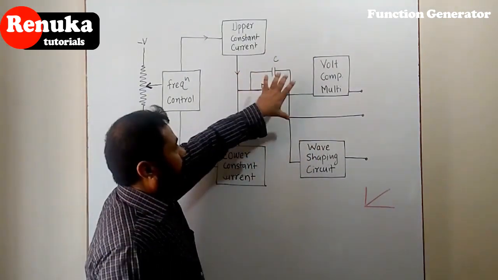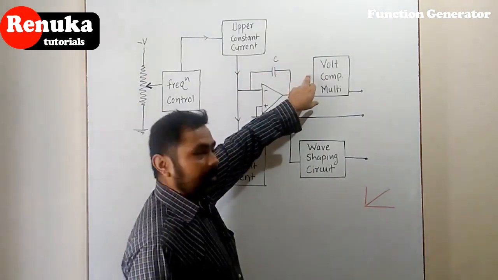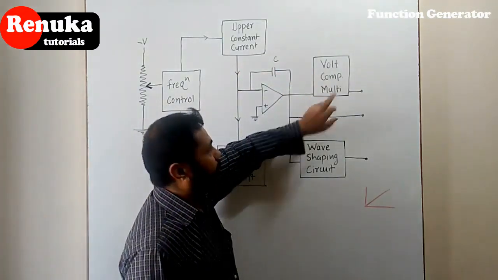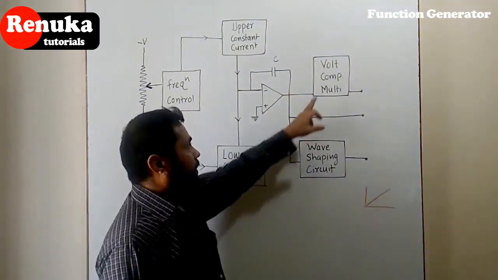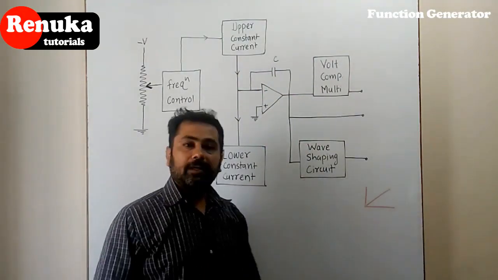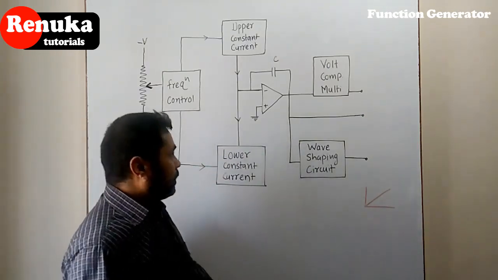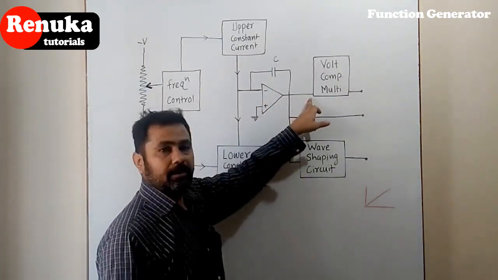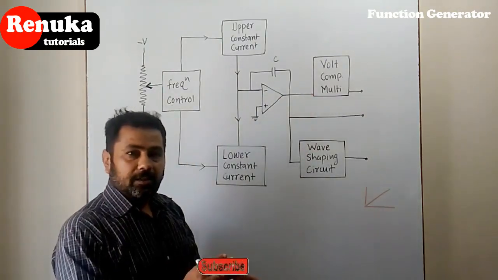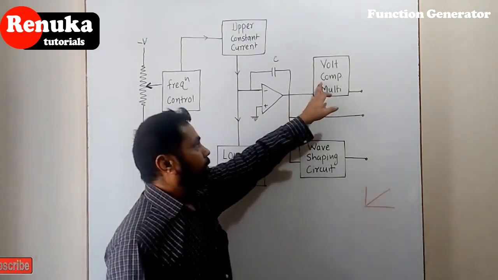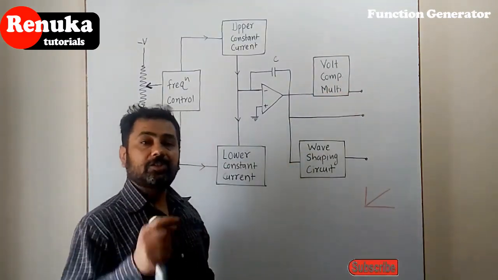After that, this integrator circuit is connected to a voltage comparator multivibrator. Here the comparison is done. The comparator has a predetermined voltage level with which the output of the integrator is compared. If the voltage exceeds the predetermined level, the comparator will change its state.